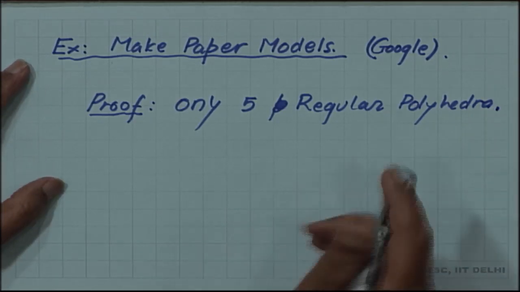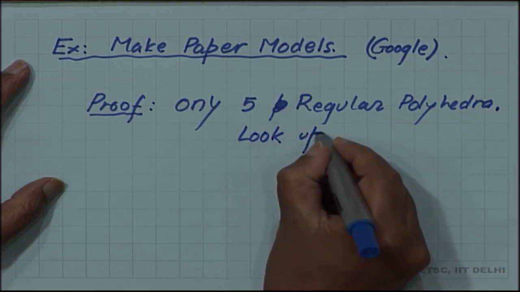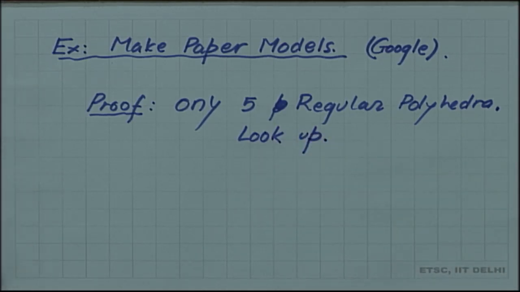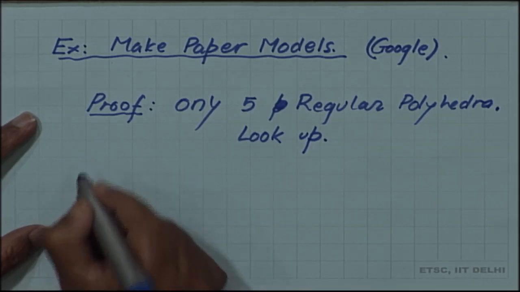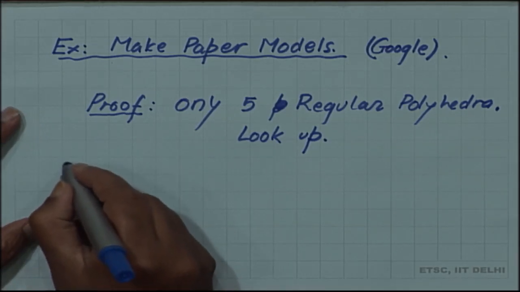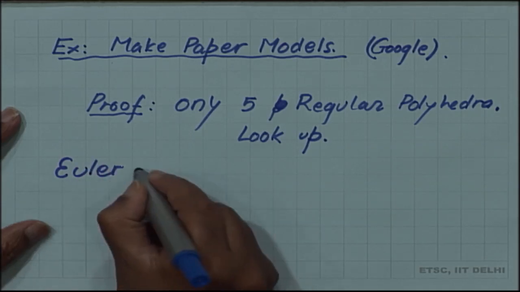I will not discuss it here. Look this up, and you will also find a very interesting relationship between the vertices, edges and faces, which was first discovered by Euler and is known as Euler's polyhedron formula.